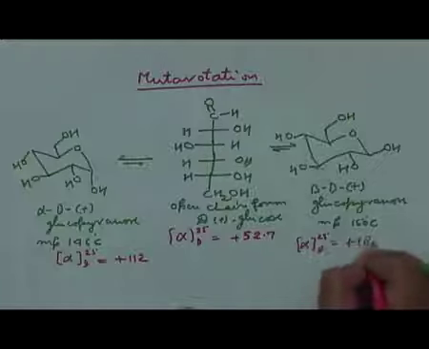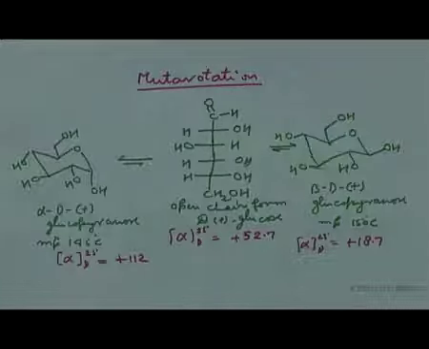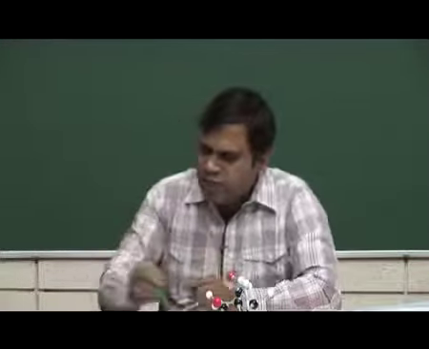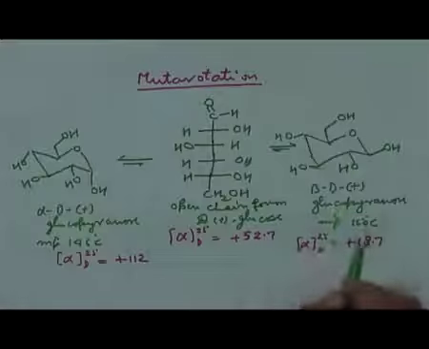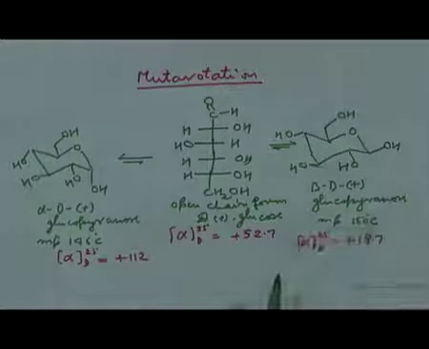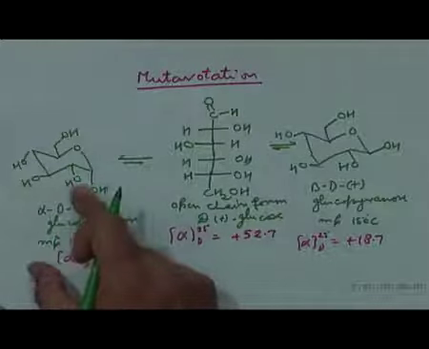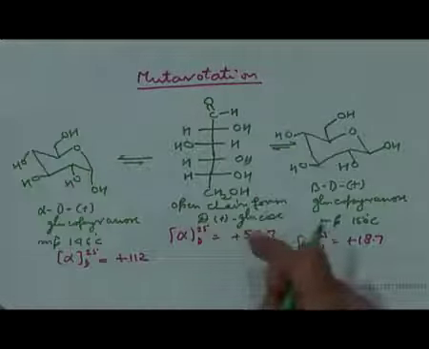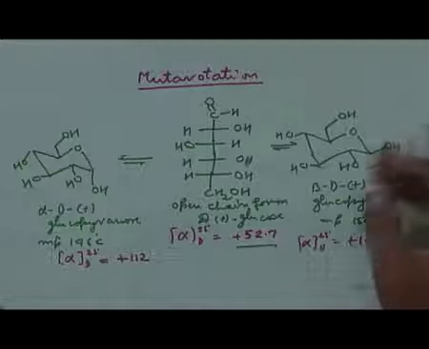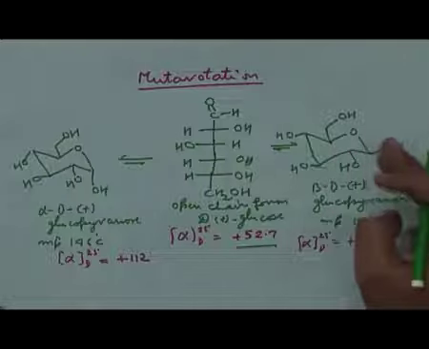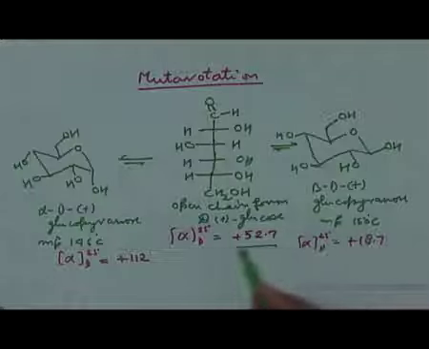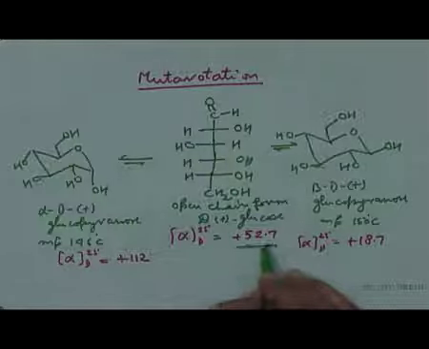of plus 18.7. So, if you leave alpha D-glucopyranose as it is, you have an equilibrium among all these structures from the open chain to these two cyclic structures. So, the specific rotation of one form will decrease until it reaches 52.7, whereas if you have pure beta D-glucopyranose, its specific rotation will increase until it reaches 52.7.